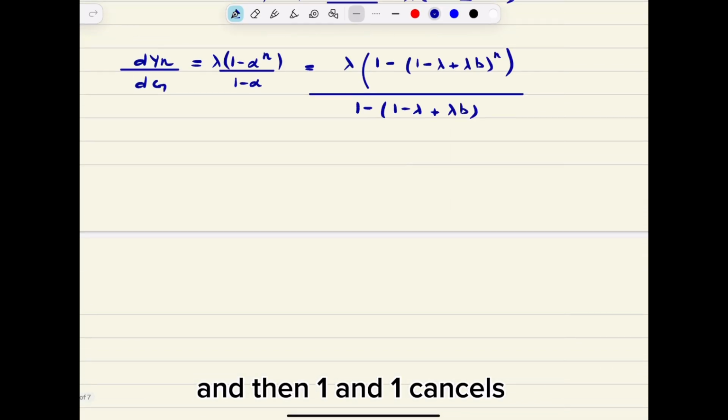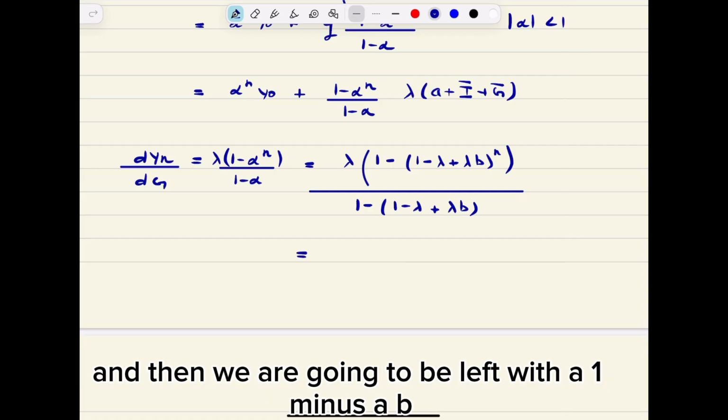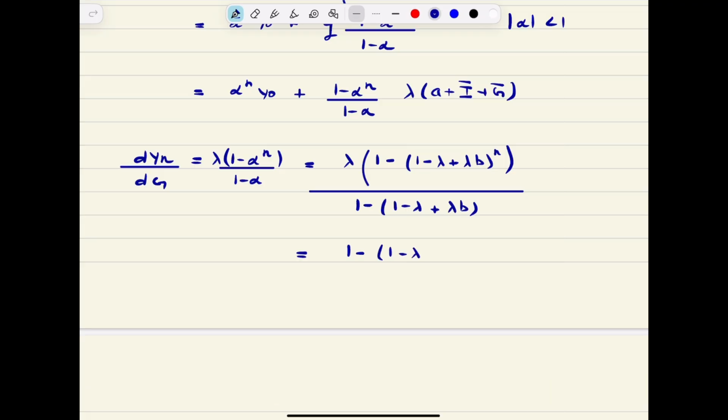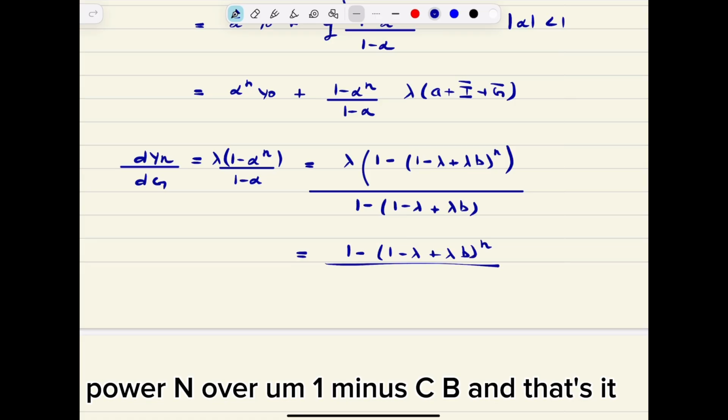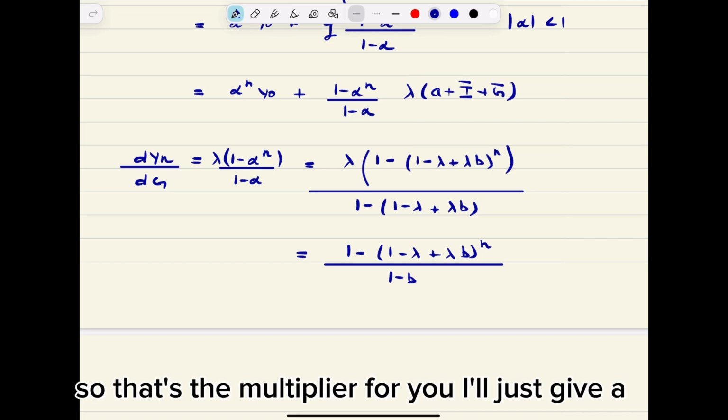And then 1 and 1 cancel out, and lambda and lambda are going to cancel out, and we're going to be left with 1 minus a b. So our multiplier therefore becomes (something) power n over 1 minus a b, and that's it. So that's the multiplier for you.